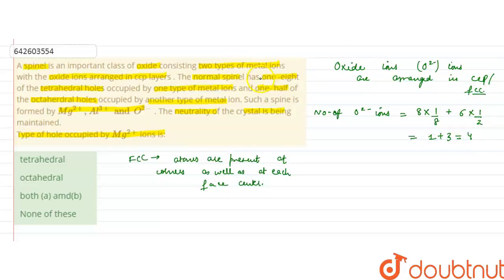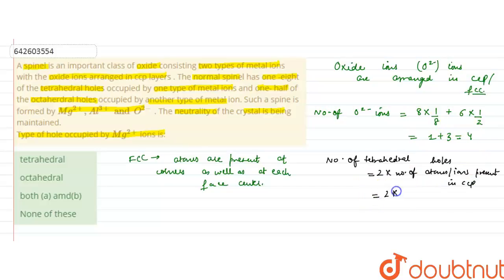Now it is given 1/8 of the tetrahedral holes are occupied by one type of metal. So we can first calculate the number of tetrahedral holes. The number of tetrahedral holes is 2 into the number of atoms or ions present in CCP. The ions present in CCP here are the oxide ions.